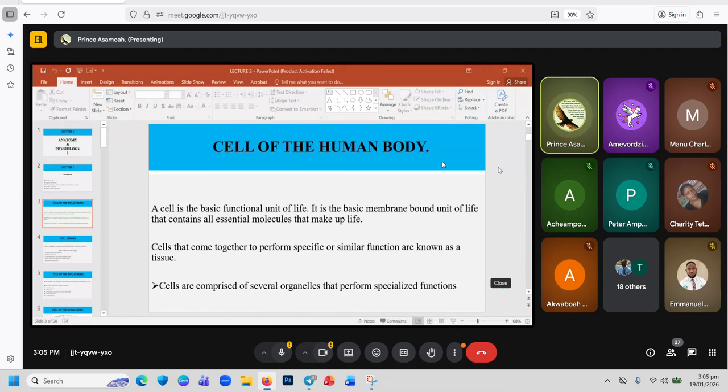For living things, it goes down, down, down to what we call a cell. So it is the basic membrane-bound unit of life that contains all essential molecules that make up life.